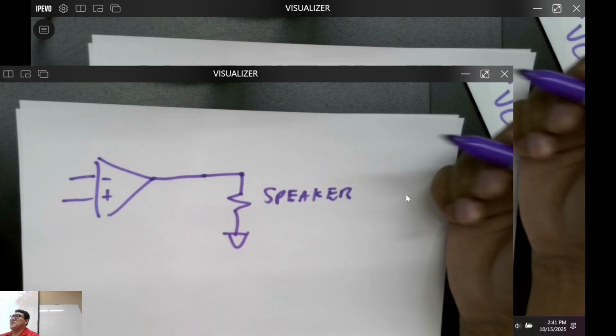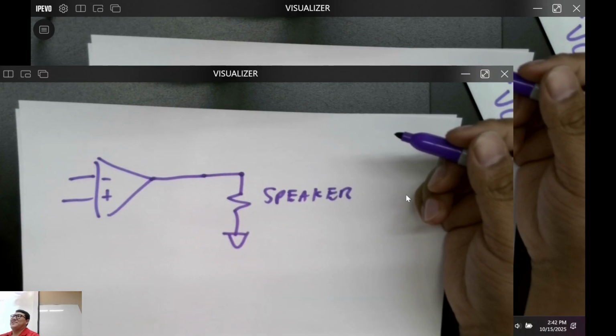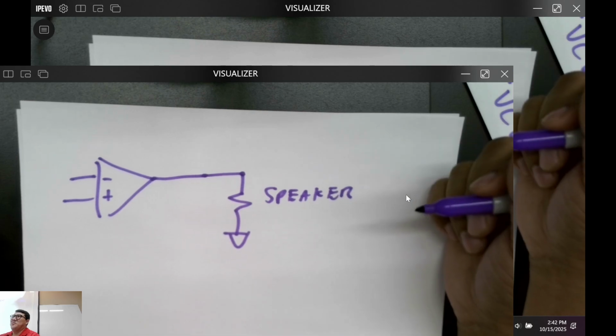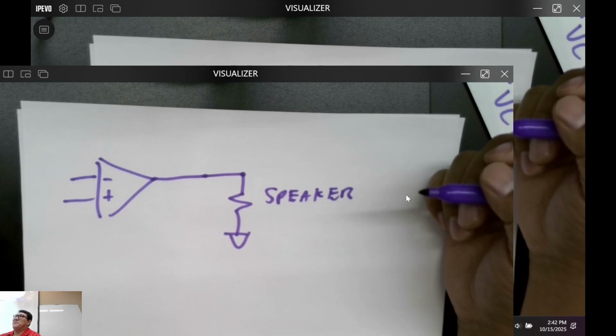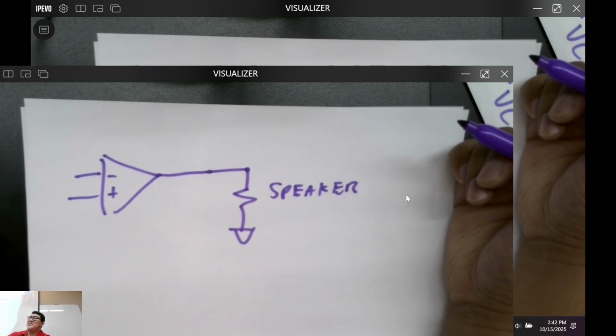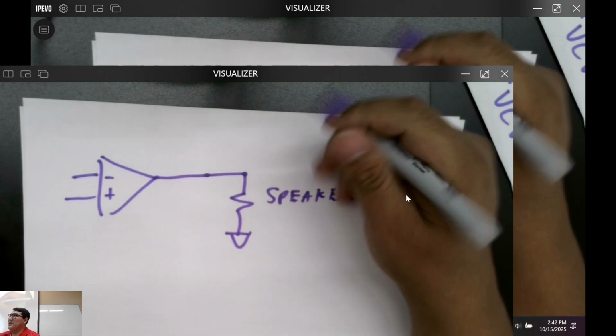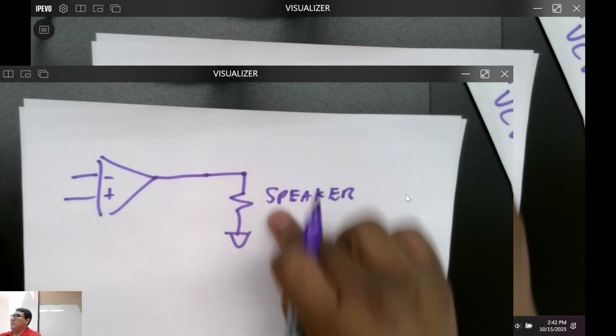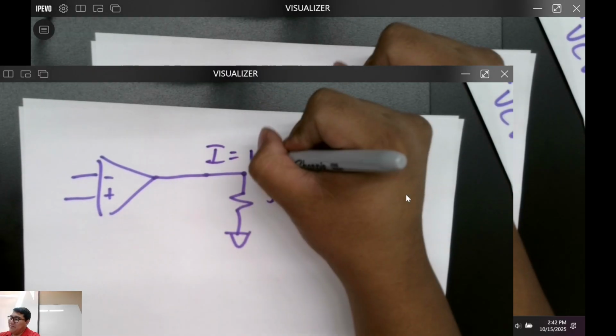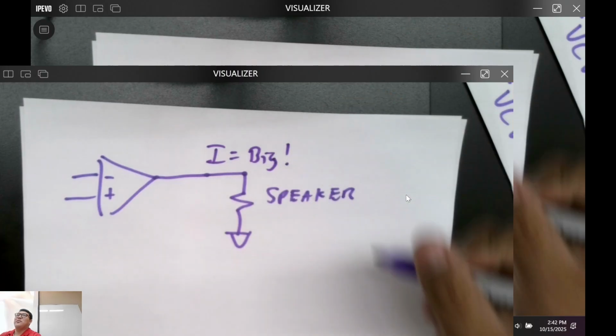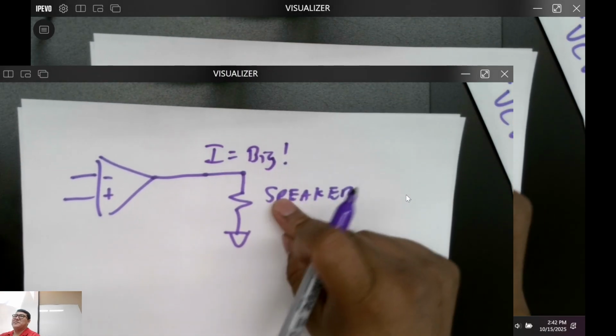Let's just say you go to Audio Express or whatever company and you want to get those very powerful wattage, like 800 or some type of high power circuits. You're running a bunch of current. I is going to be big. You want to drive all this current into the speaker.